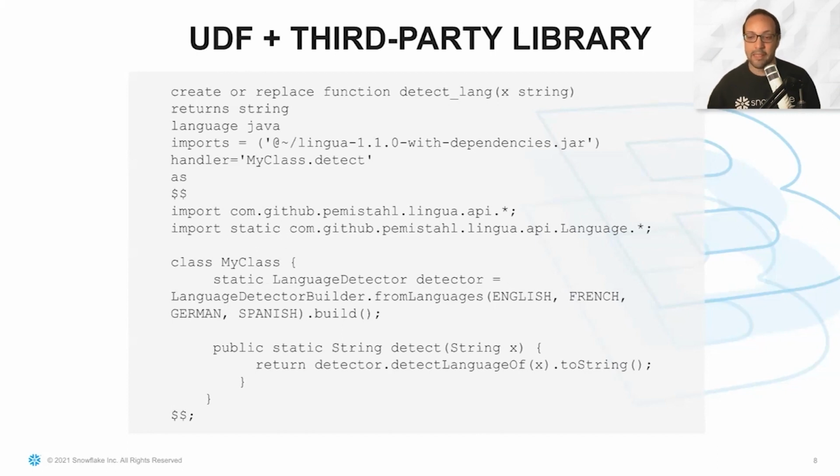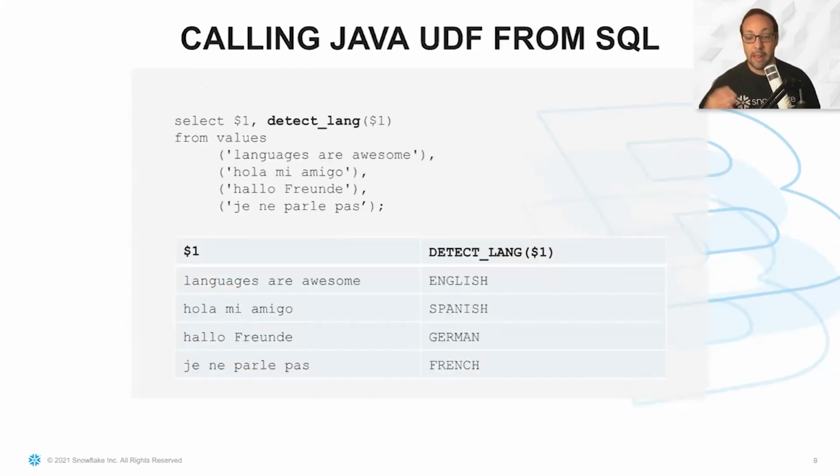I'm importing the library that I loaded. And all I'm saying here is I'm initializing it, the detector, and then creating this method that is detect. And we will see this working. But so we will see working here, and I'm going to demo you this live to show you that this is all real.